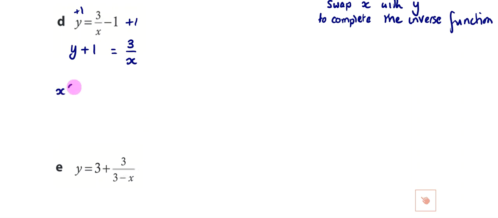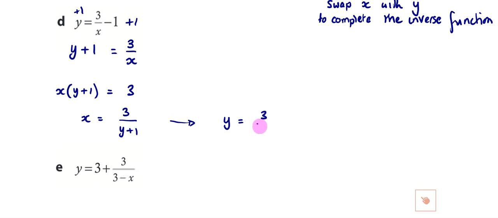Gives me x times y plus 1 equals 3. Divide by y plus 1 gives me x equals 3 over y plus 1. Final step, y equals 3 over x plus 1.